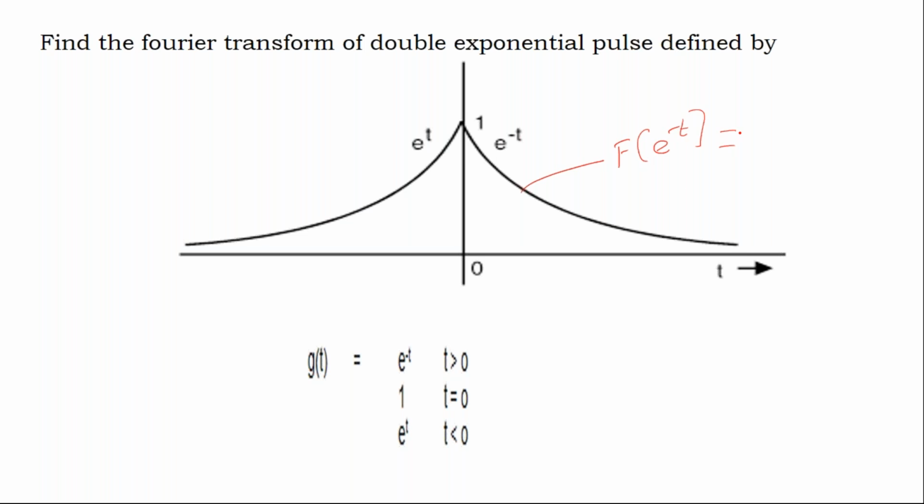So you are telling that the Fourier transform of e power minus a mod t is 2a by a square plus omega square.